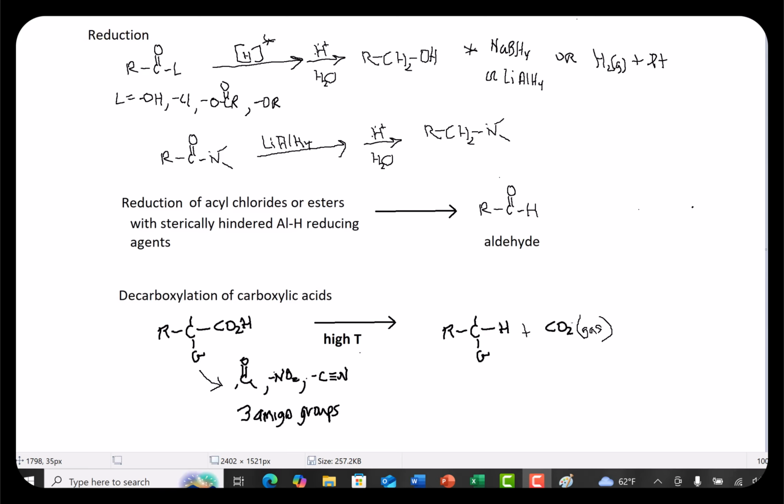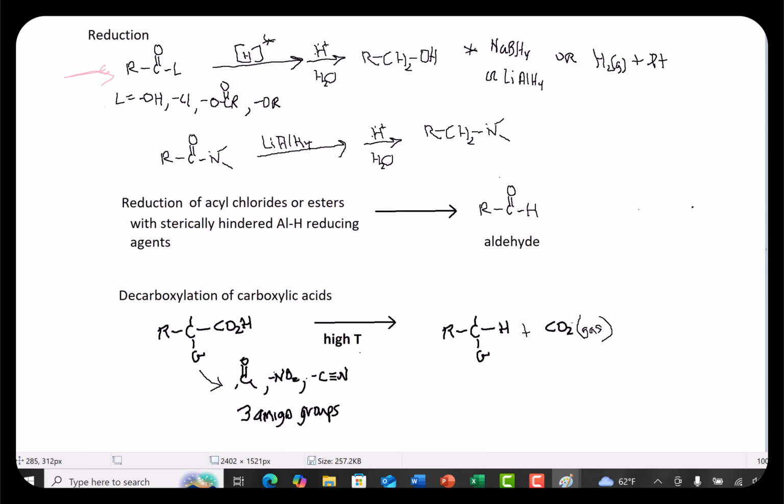I'm showing the general equation here, and we'll let L stand for the leaving group. It is a heteroatom group. It could be an OH after conversion to a good leaving group, or the chlorine, carboxylate, and so forth.